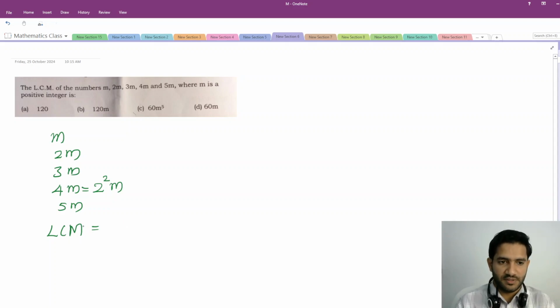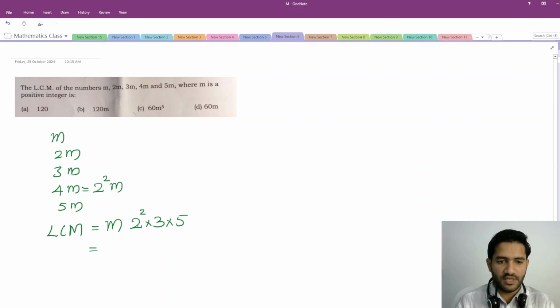So it's a multiple. Here m, 2m, 3m, 4m, 5m. So m should be the least common. 2m and 2 square, so we want to introduce 2 square. 3 is there, so we want to introduce 3. 5 is there, so 5.